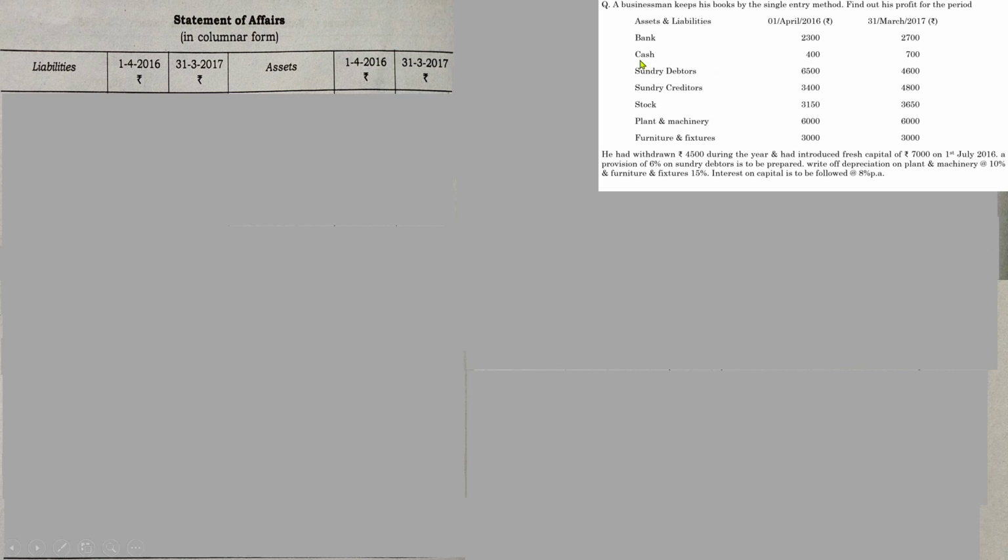So in the question, details of assets and liabilities are given. Bank balance 2300, 2700. Record the amounts in the corresponding columns of the statement. That is the thing you have to be very cautious about. So 2300 opening, 2700 closing.